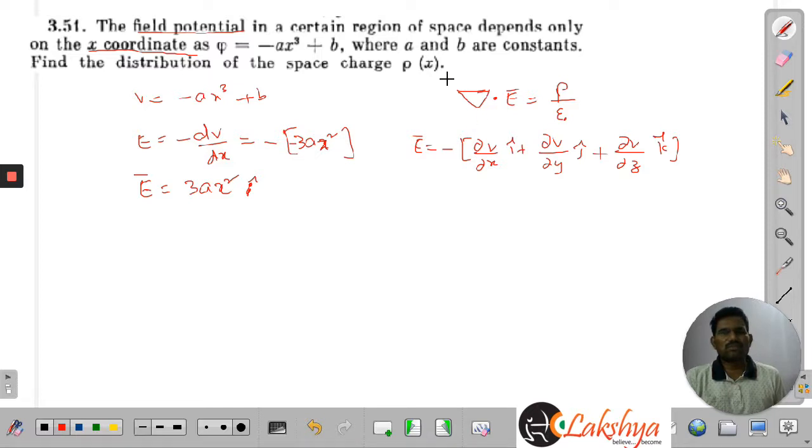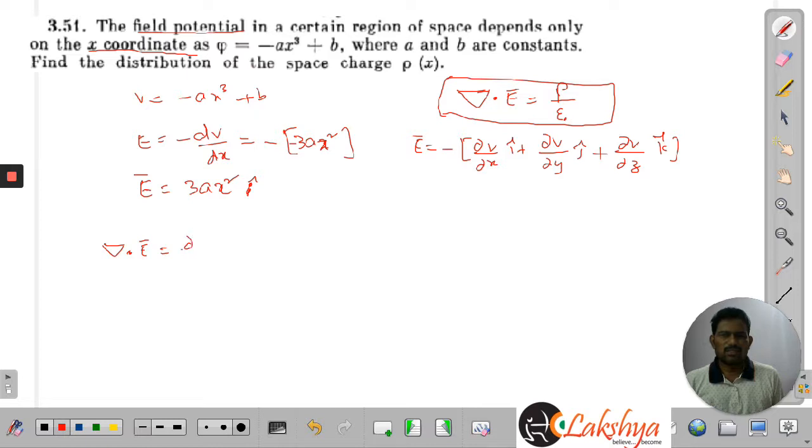Now let us substitute in this differential form. In this equation we are going to substitute now. I am writing del dot E bar, so see this carefully.